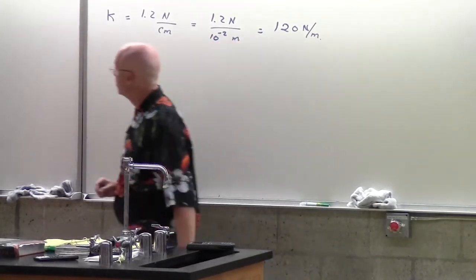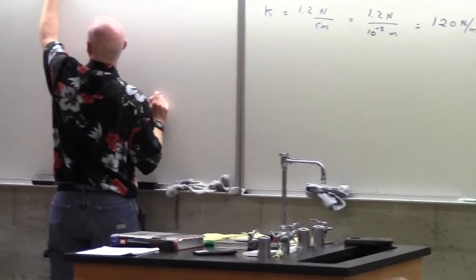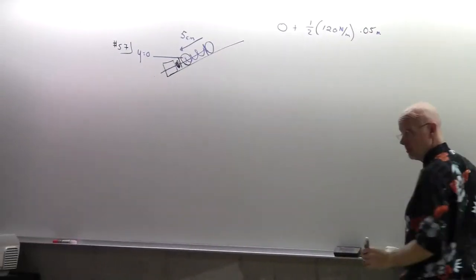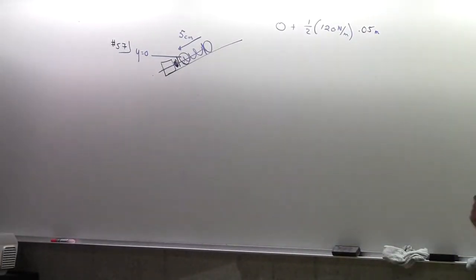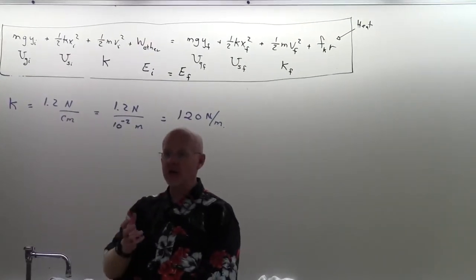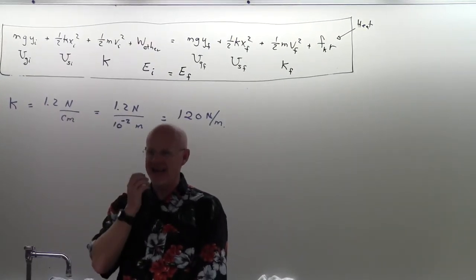5 centimeters. So I will put 0.05 meters. That is how far it is from its natural length when I am starting. I could ask this question, is it a positive or a negative?